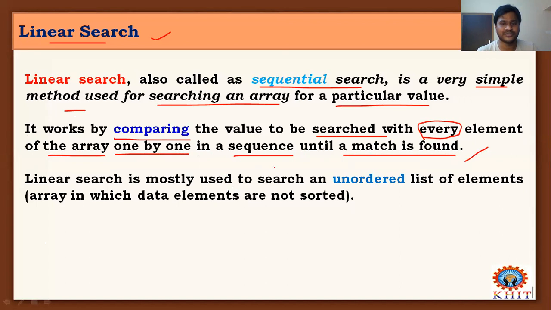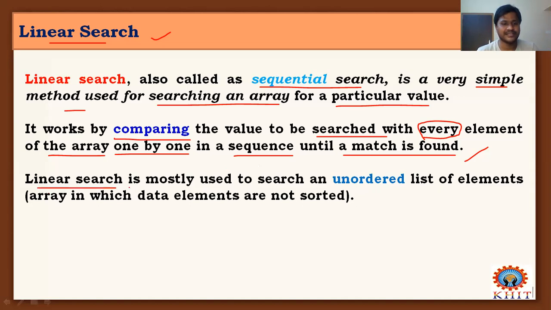During this process, if we find the element, then the search operation is successful and the desired element is found. If we do not find the element by the end of the array, it means the search operation is unsuccessful and the desired element is not in the given array elements.